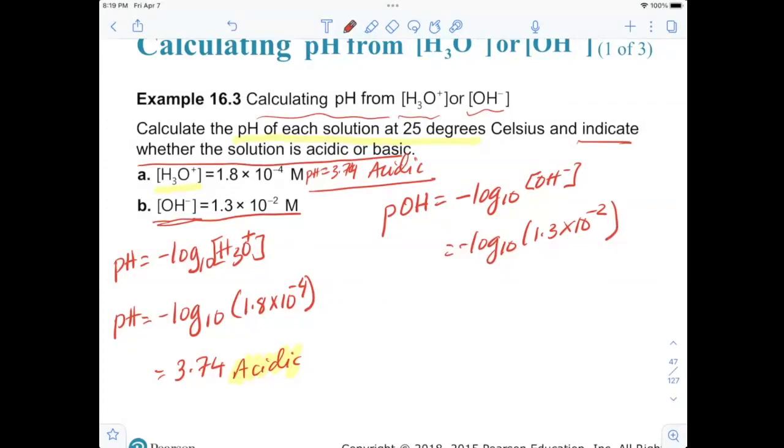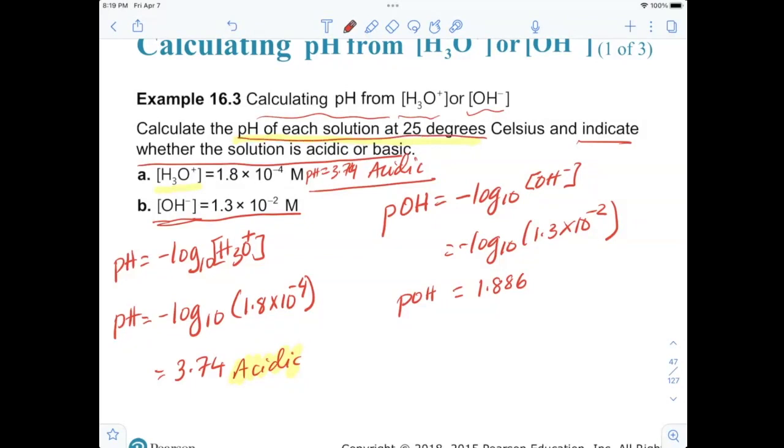And this gives me what? From scratch, negative log, the base 10 is implied, 1.3 exponent negative 2, close parentheses, equal. Okay, so I end up with 1.886 for my pOH. But remember, they want the pH of each solution.